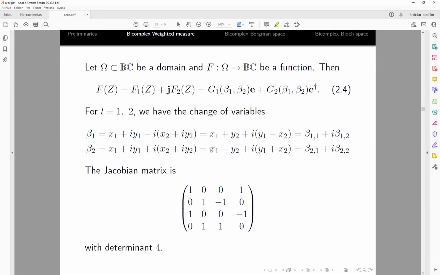The real part of beta 2 is this, and this is the imaginary part of beta 2. The Jacobian matrix of this change of variables is then given by this matrix. Okay, we have four functions and four real variables. Then this is the Jacobian matrix and has determinant 4.